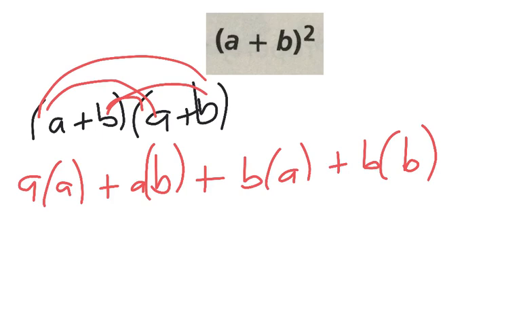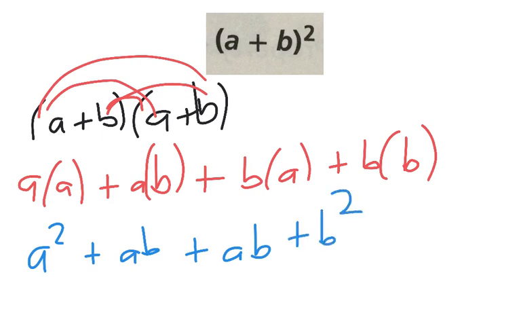So now what is a times a? That is a squared. What is a times b? AB. What is b times a? That's AB. Right, you can rearrange it. Let's put them alphabetically. And what is b times b? Now do I have any like terms?